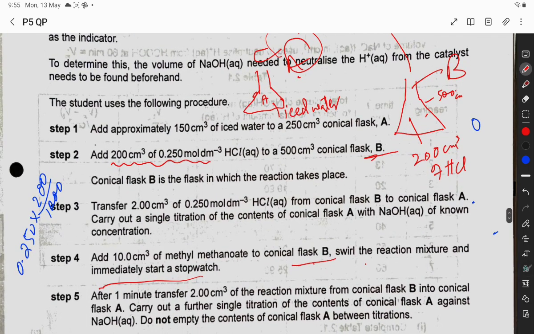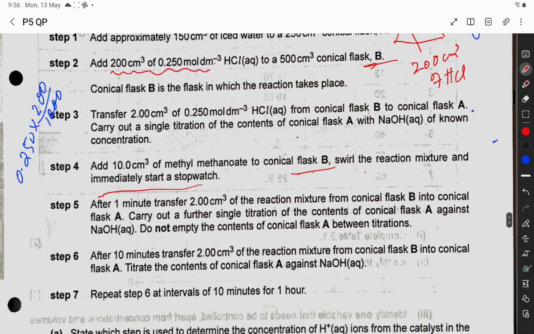Transfer 2 centimeter cube of 0.250 mole per dm cube aqueous HCl from conical flask B to conical flask A. Carry out a single titration of the contents of conical flask A with sodium hydroxide of known concentration.